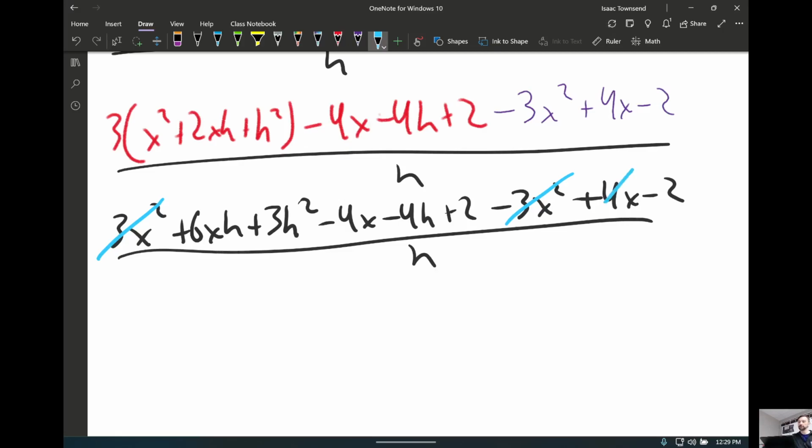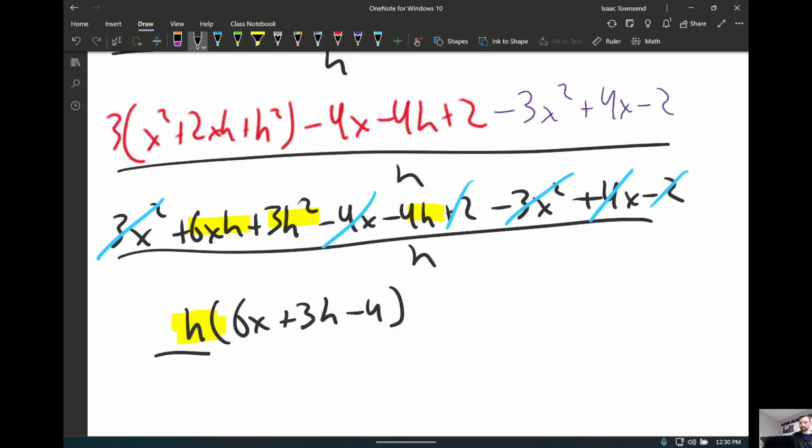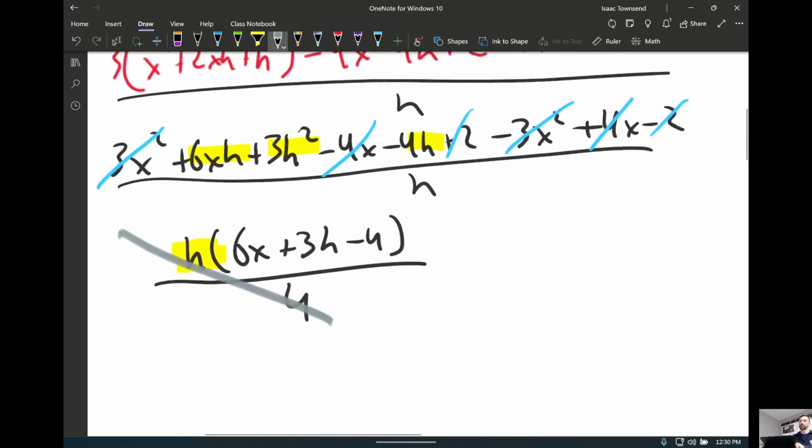But those add to 0, these add to 0, those add to 0. Everything left has an h, so factor that out. And then to finish off, times h divided by h cancels. So that is where I got the 6x plus 3h minus 4 as a final answer.